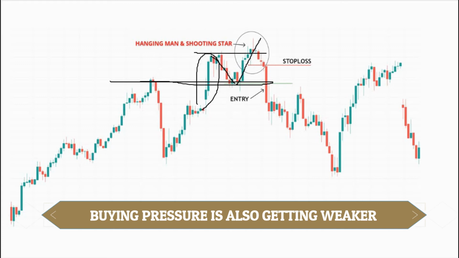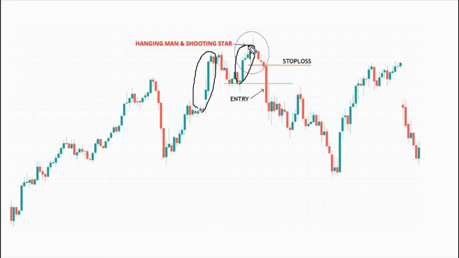Okay, the first time buying was very, very strong, but the second time buying was weak, and also we saw many rejection candles here. See hanging man, shooting star.